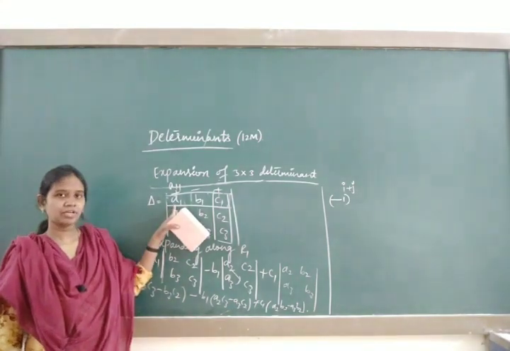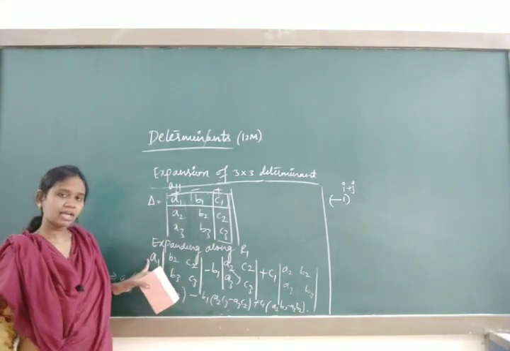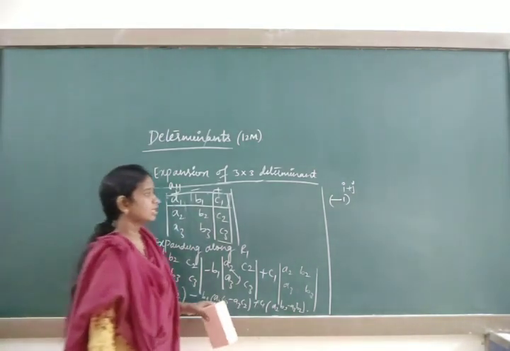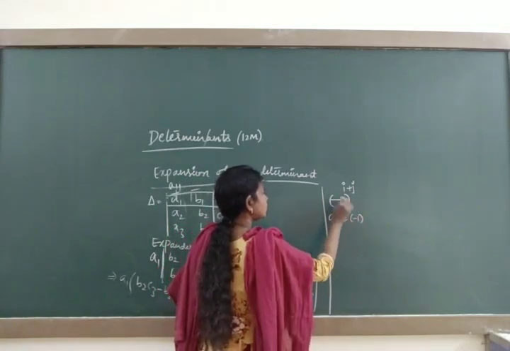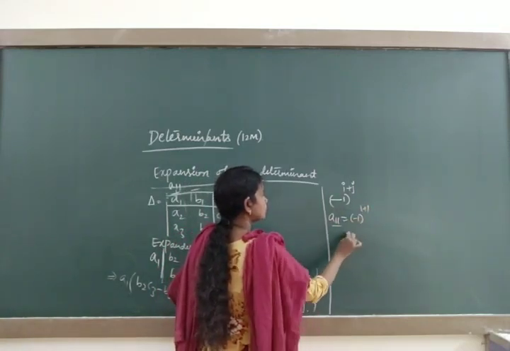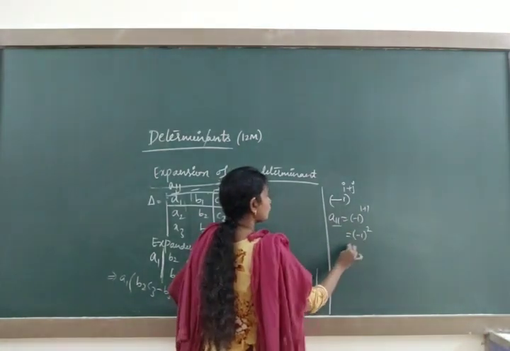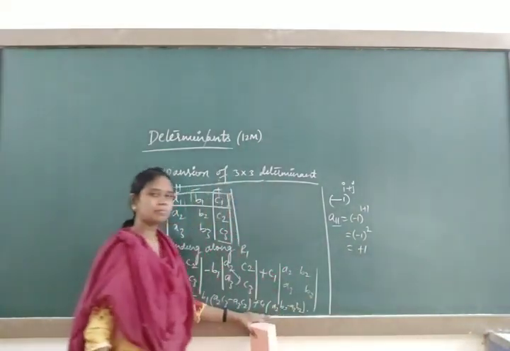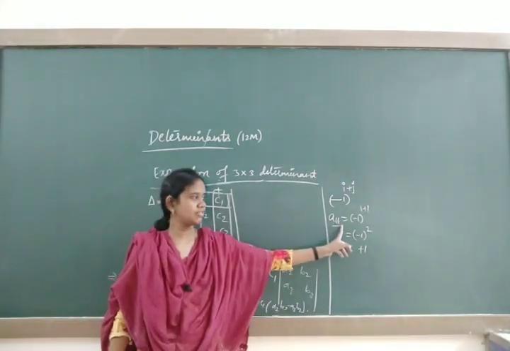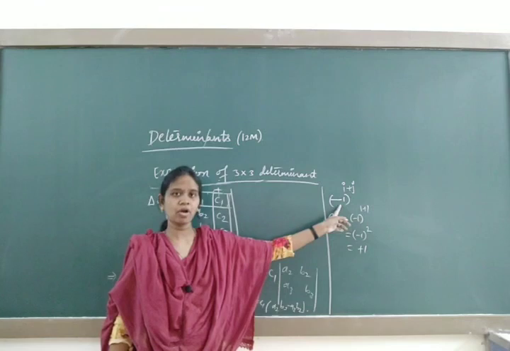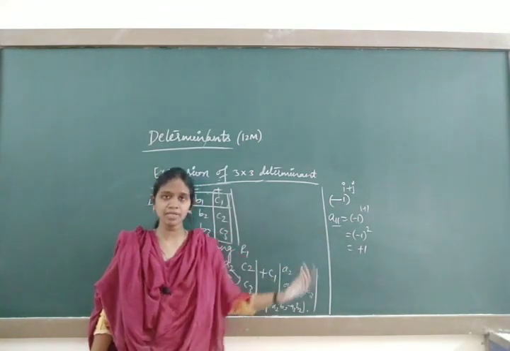Now if I am finding the sign for A11, I have taken plus. Why? Because A11 is minus 1 to the power of, add the suffixes, 1 plus 1, minus 1 to the power of 2, which is nothing but plus 1. A11 means i value is 1, j value is 1. Substitute in this formula and you are going to get the plus value.